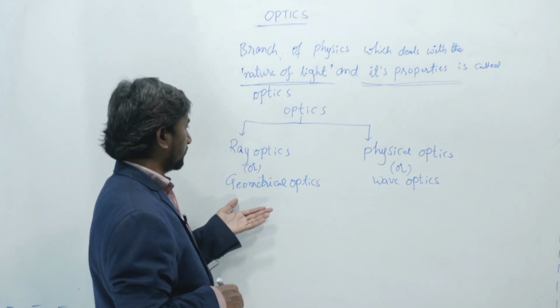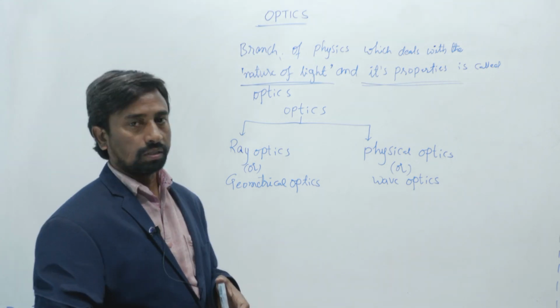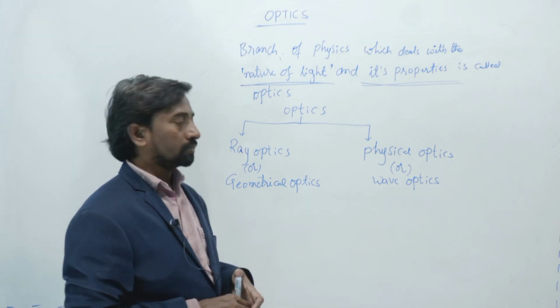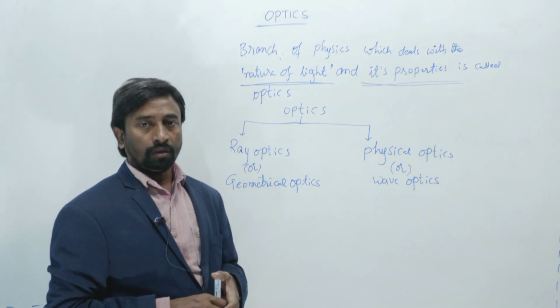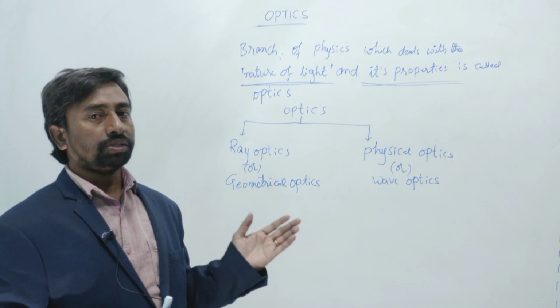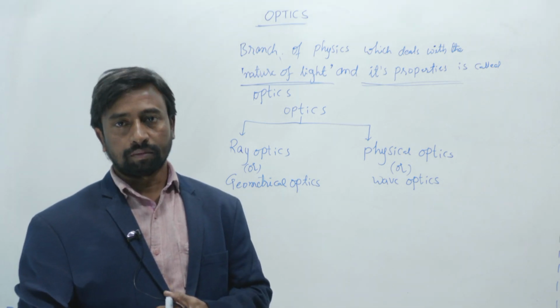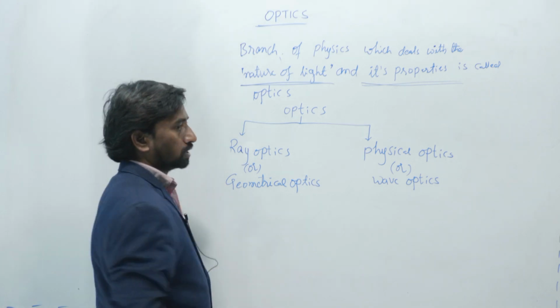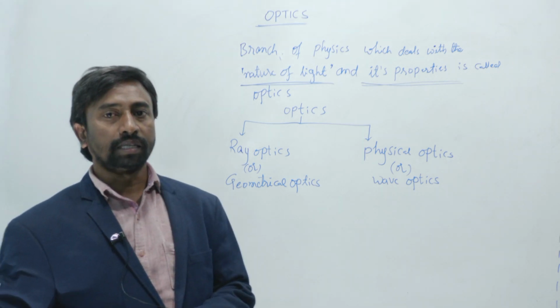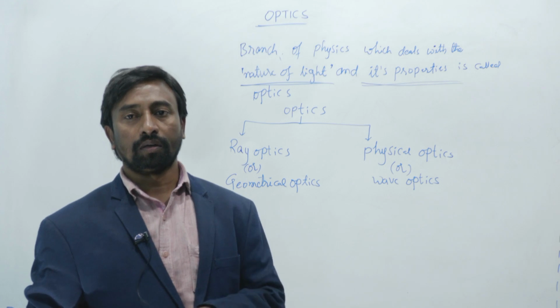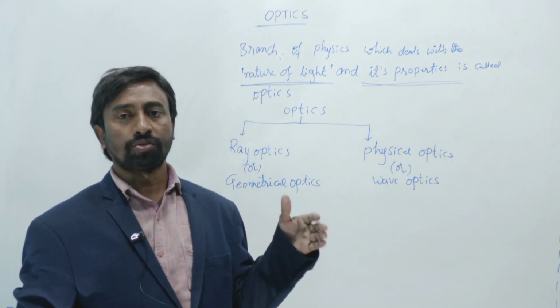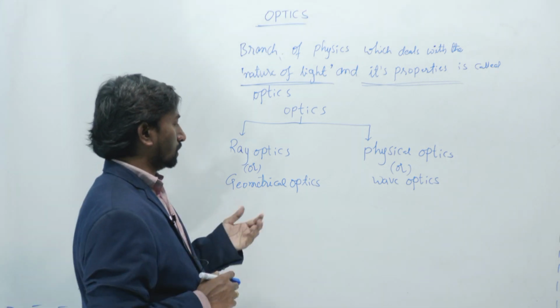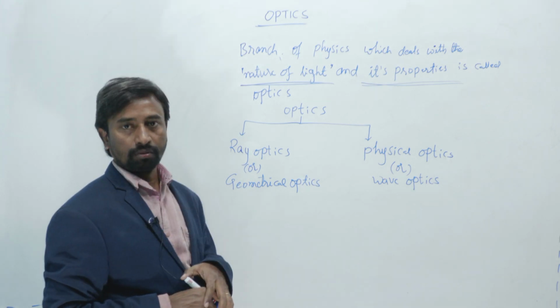So there are two different kinds of optics, based on the wavelength of the light and the object it encounters. Suppose the wavelength of light is very small compared to the size of the objects the light will encounter as it travels. Then the optics is said to be ray optics.